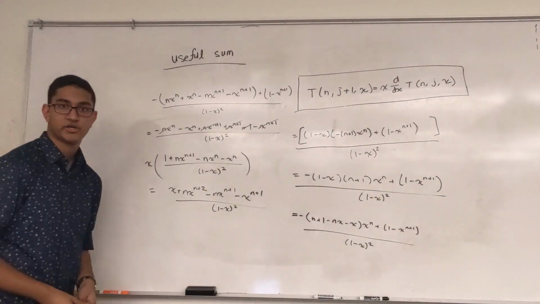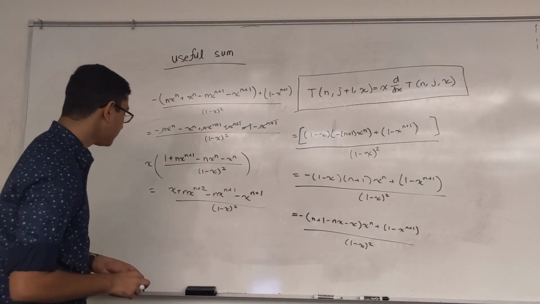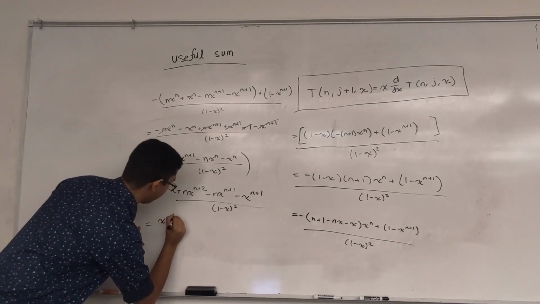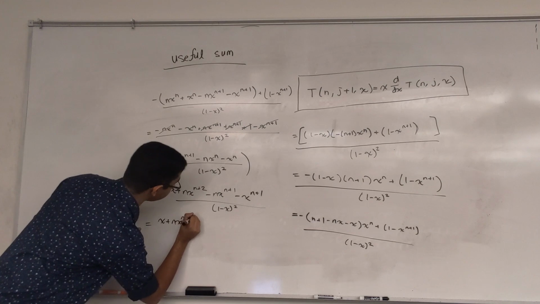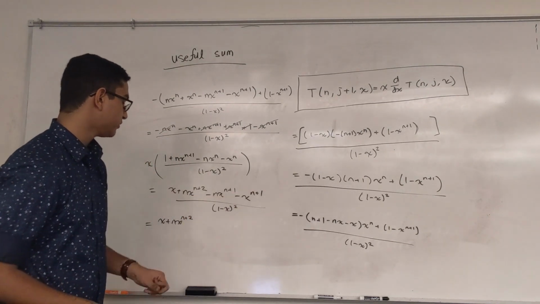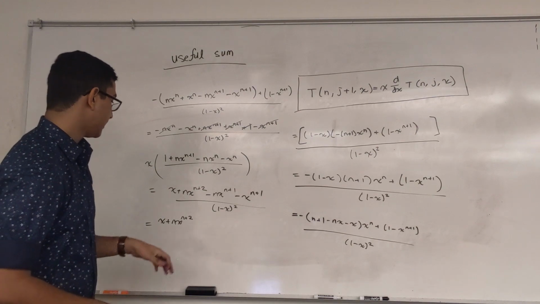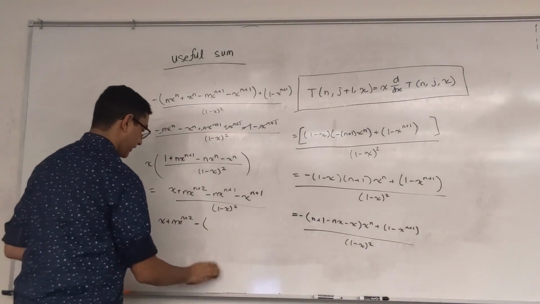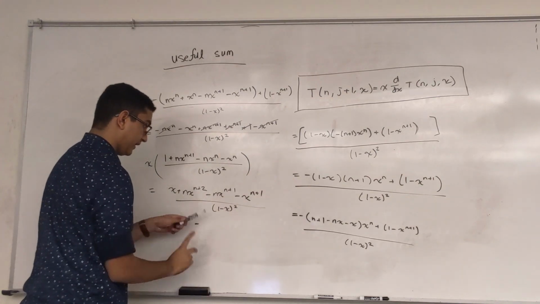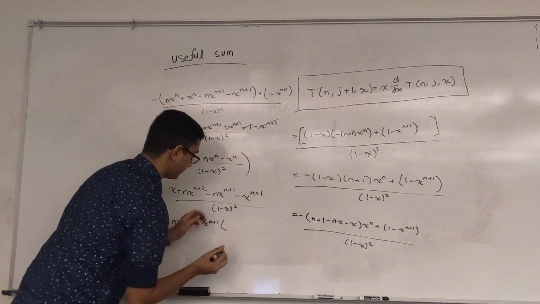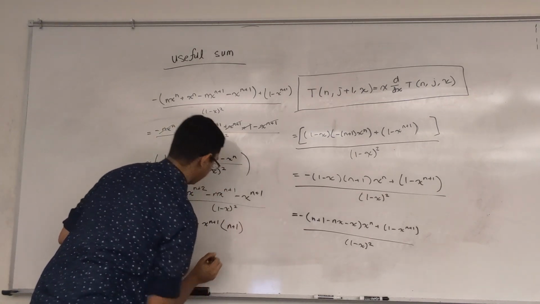And then one more thing I would like to simplify here before we move on is just going to be here. So we have x plus nx to the n plus 2. And we notice that these terms, this x to the n plus 1 and x to the n plus 1, are the same actually. So what we can do is subtract, and then I'm going to pull out an x to the n plus 1, and then we're just going to be left with n plus 1, like so.